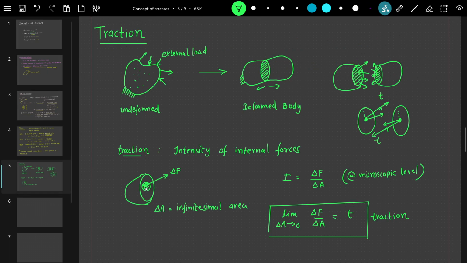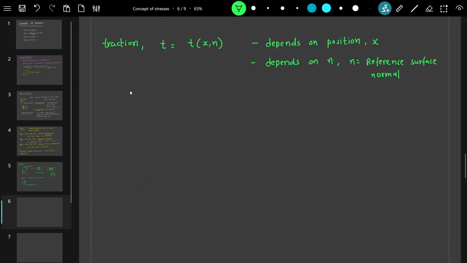Let's take this particular point which we are talking about, and we have already taken one surface here like this, and we said this is a surface normal, and we have this traction t. Now at this point we can have an infinite number of reference surfaces, so an infinite number of surface normals.